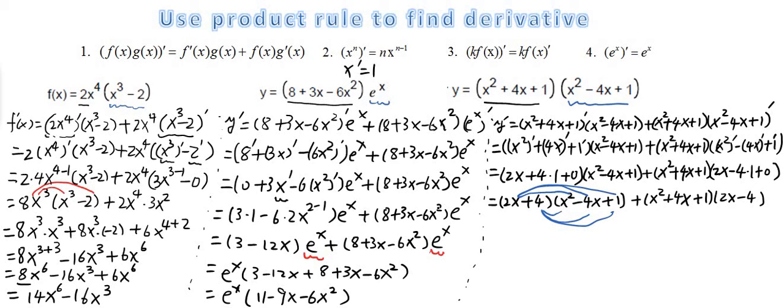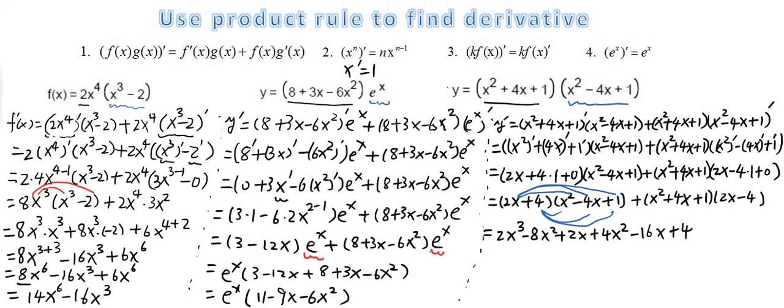And we can simplify it, and we're going to have 2x times x squared, 2x cubed. 2x times negative 4x is negative 8x squared. 2x times 1 is 2x. And 4 times x squared is 4x squared, and 4 times negative 4x should be negative 16x. 4 times 1 should be 4.